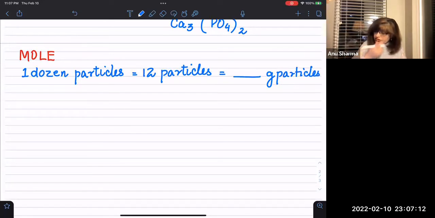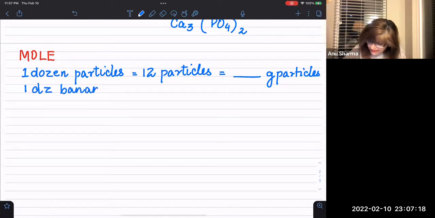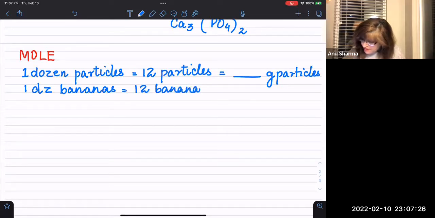The weight is obviously going to change. For example, 1 dozen bananas means we are talking about 12 bananas, and whatever the weight of these bananas is, you put that.